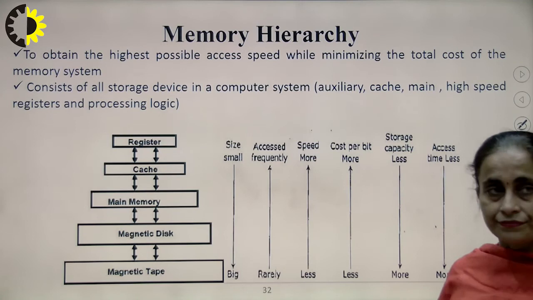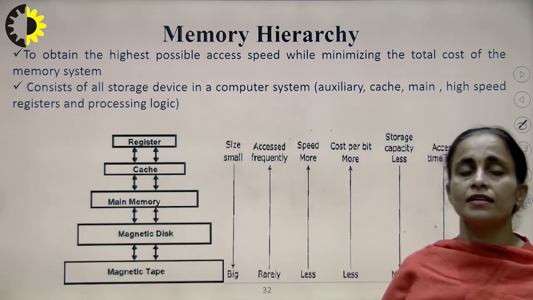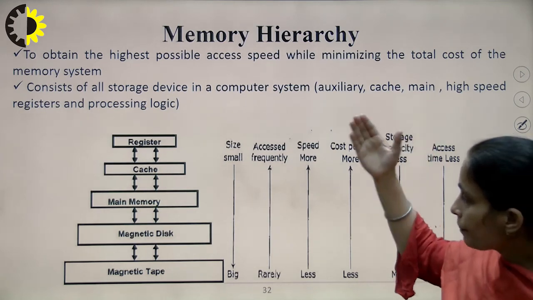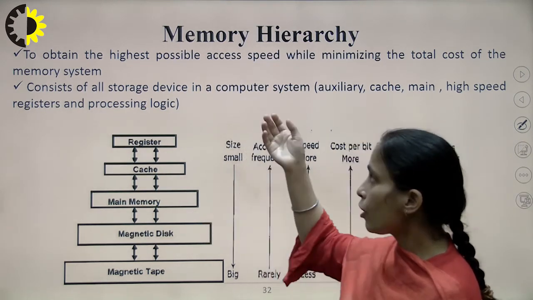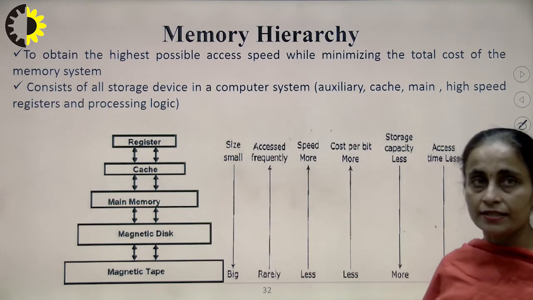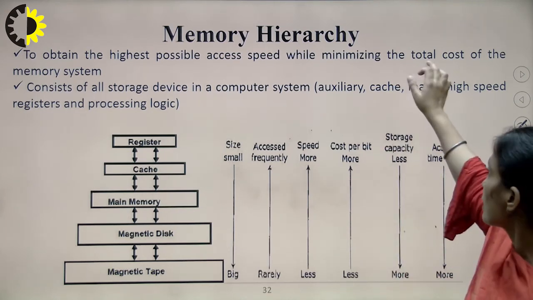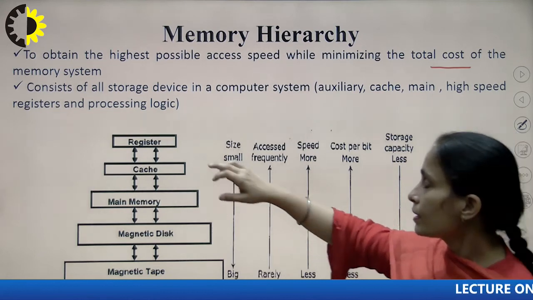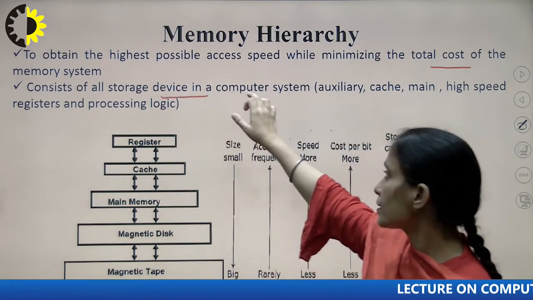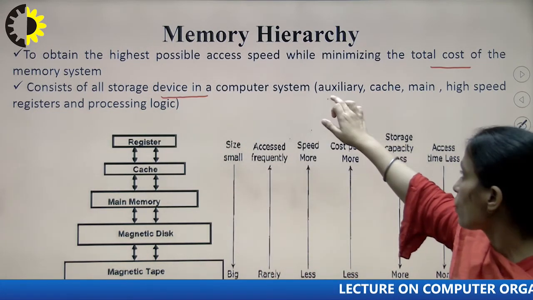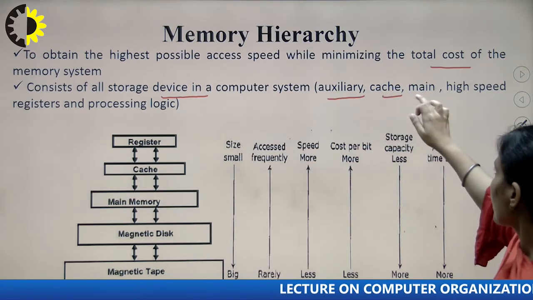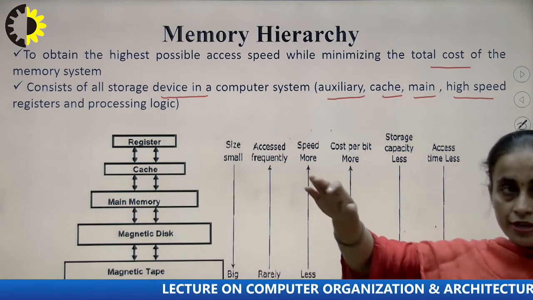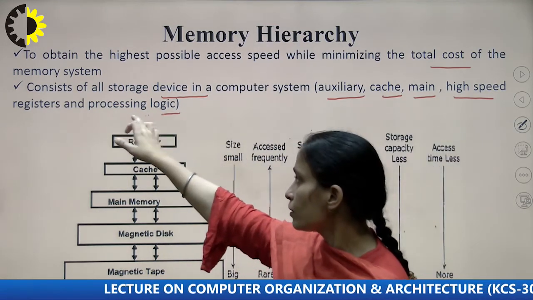Now we have discussed the different types of memory. We have to form the memory hierarchy now. To obtain the highest possible access speed while minimizing the total cost of our memory system, we consider all the storage devices in a computer system, whether auxiliary, cache, main memory, high speed registers, or program processing logic.